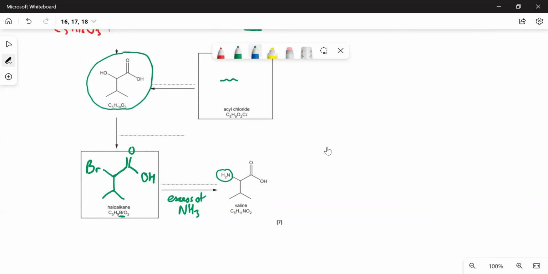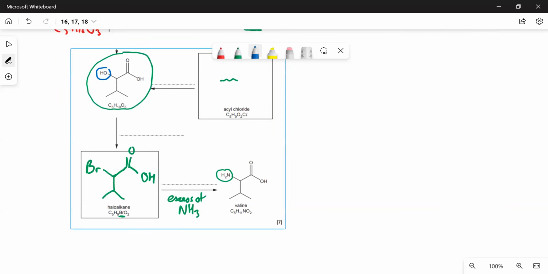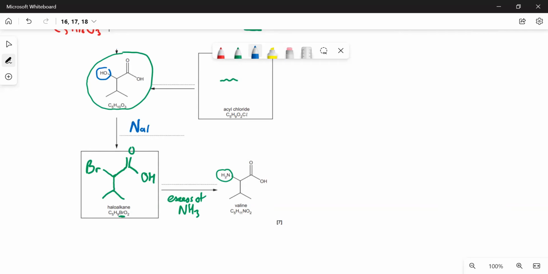Well, all we've done is replace an alcohol group with a Br atom. How do you do that? Well, you need sodium bromide. It's nucleophilic substitution, essentially, but you will also need a sulfuric acid catalyst. So you change the alcohol into a haloalkane.